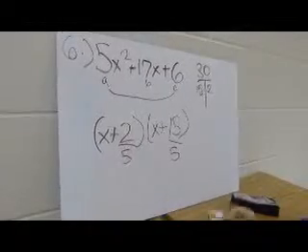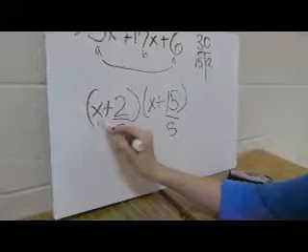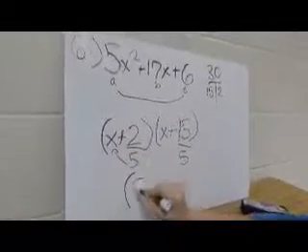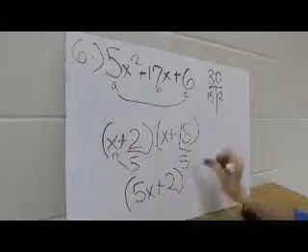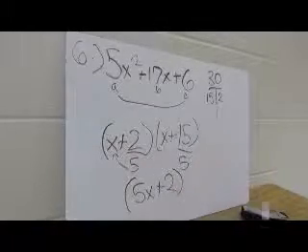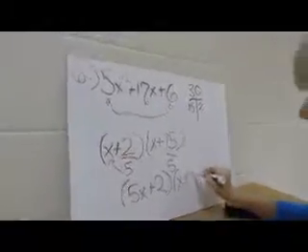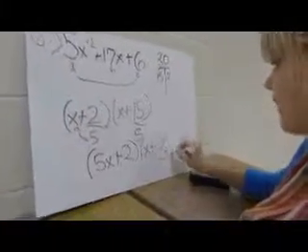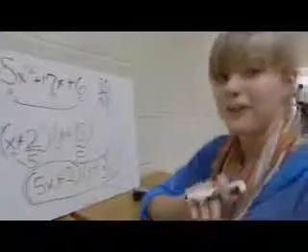Because 5 cannot go into 2 evenly, you just move it over to here. So it will be 5x plus 2. And 5 goes into 15 evenly, and it's 3. So we're going to write down x plus 3. And ladies and gentlemen, that is our final answer to our final question.